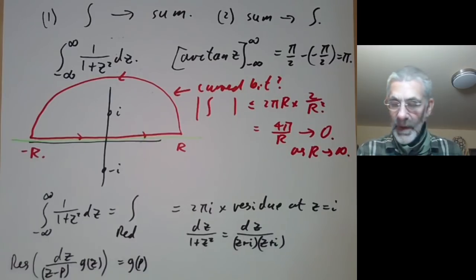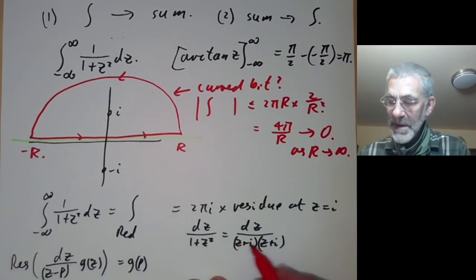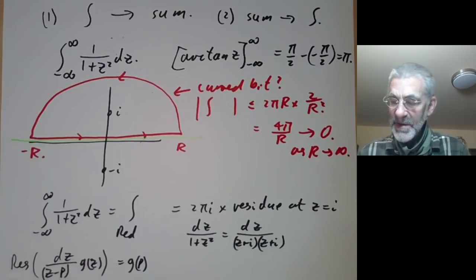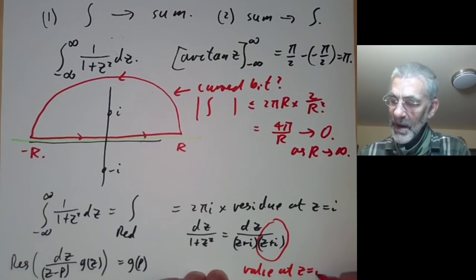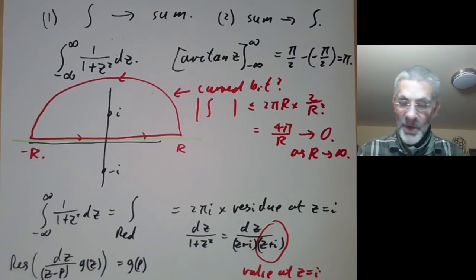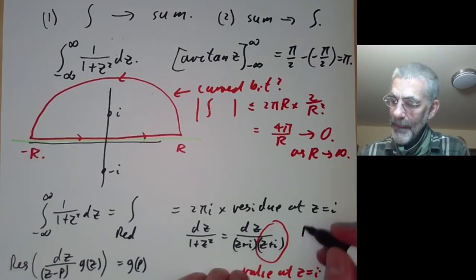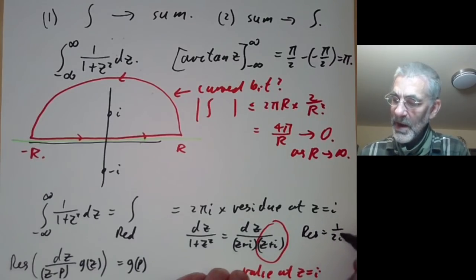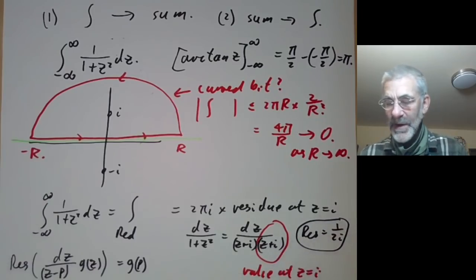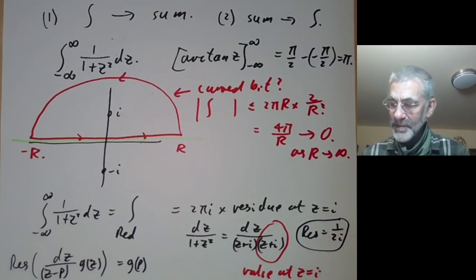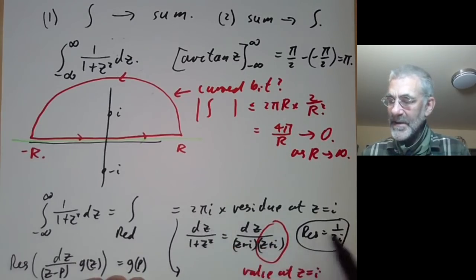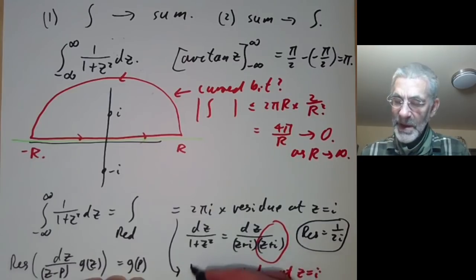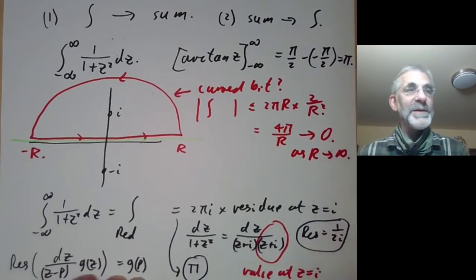So we apply this here. We ignore this z minus i because that's the z minus p there, and what we want is just the value of the rest at z equals i. So the residue is equal to 1 over 2i. So you see it's actually quite easy to calculate the residue. So this becomes 2 pi i times 1 over 2i, which is equal to pi, which is the answer we got before.